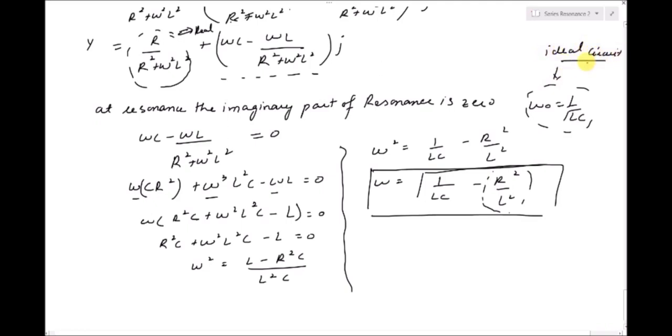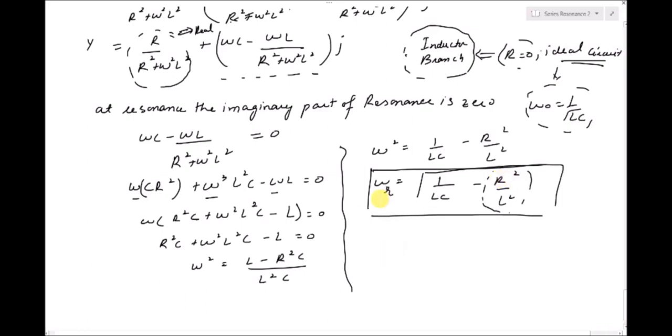By ideal circuit we mean R is equal to 0 for the inductor branch. For the realistic parallel resonance circuit, if you increase the resistance value, you are going further away from the ideal circuit.